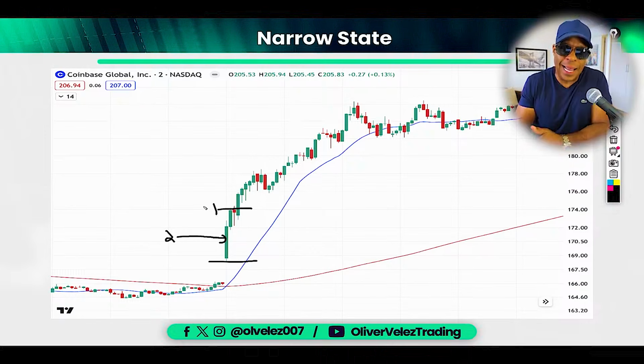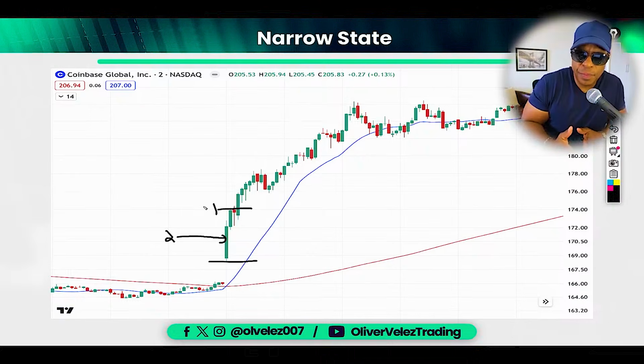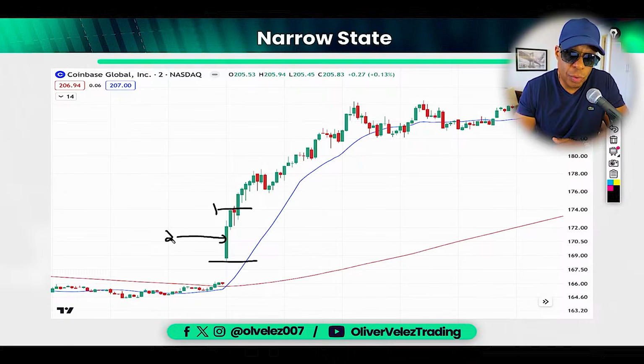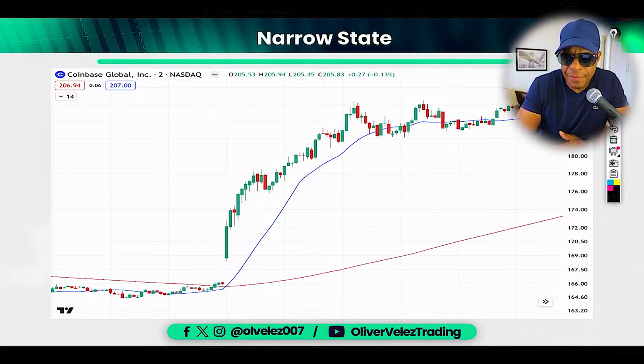I tend to add half of my initial buy. So if I bought 2, I'm going to play 1. If I bought 1, then I'm just going to do another 1 because we don't do halves. So if I bought 4, I'm going to do 2.